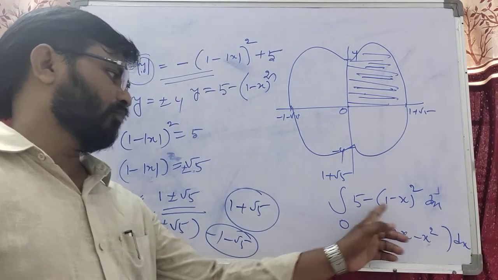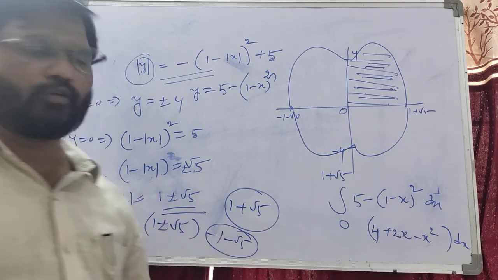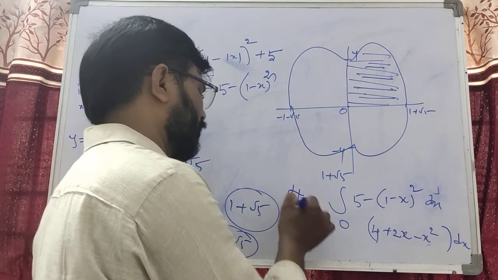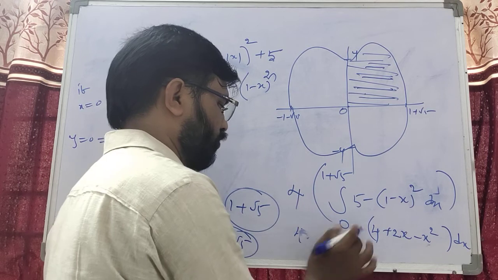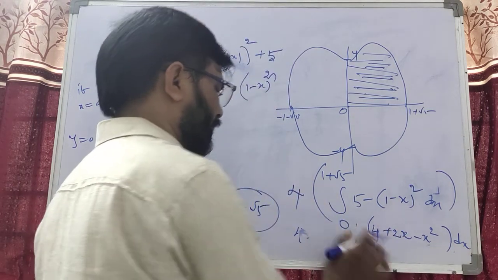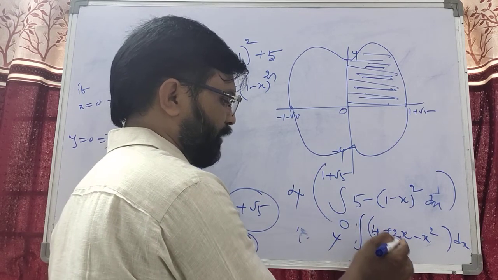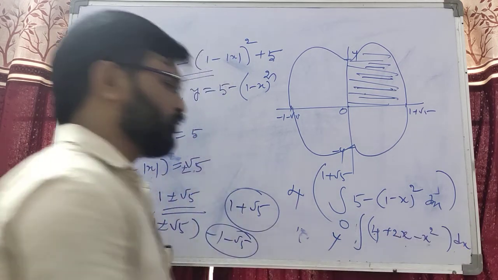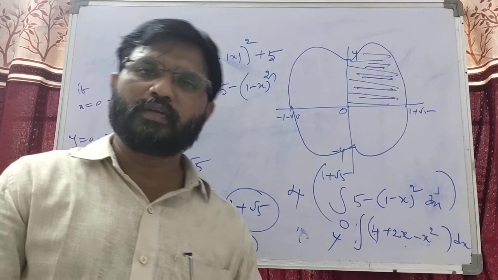So after that you can substitute, we got the area, but you can take 4 times. So finally you multiply with 4 times the integral from 0 to 1 plus root 5. This is 4x, this is x square by 2, 2 cancel, x cube by 3. We can apply the limits 0 to 1 plus root 5, only you can apply 1 plus root 5, that's all.